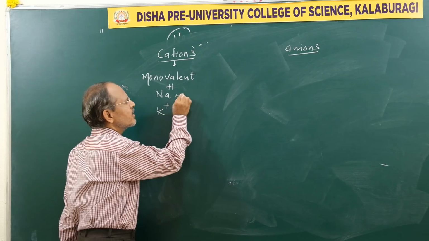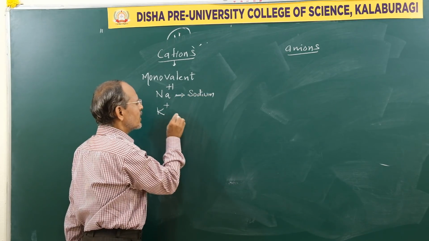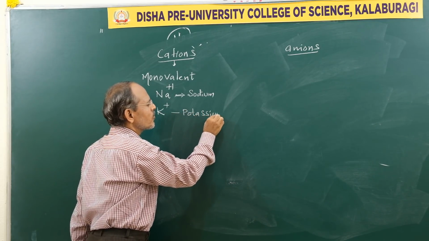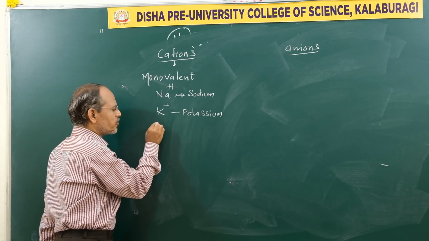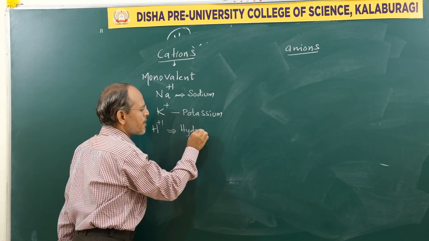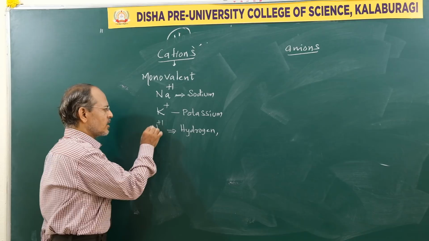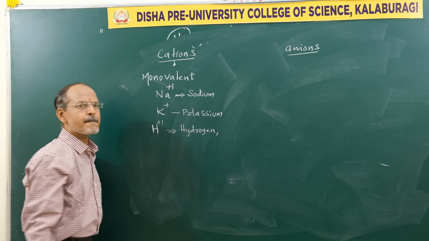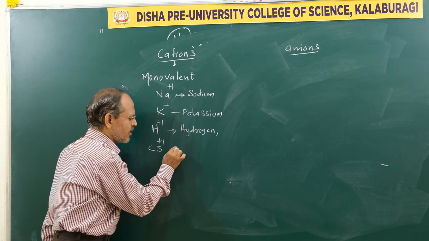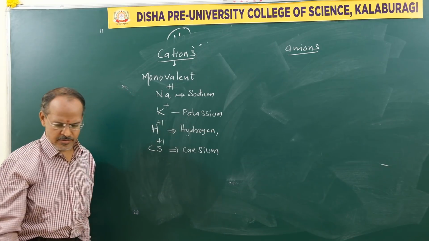Potassium, K plus. This we call sodium. This potassium. H plus 1, hydrogen. Then cesium.